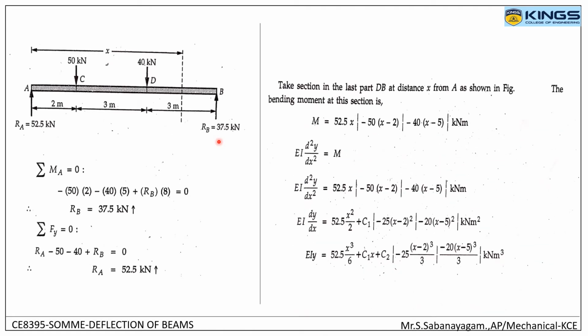Now we have to take a point on this beam in between A and B. A line is drawn and the distance will be x, since we have to find the maximum deflection.